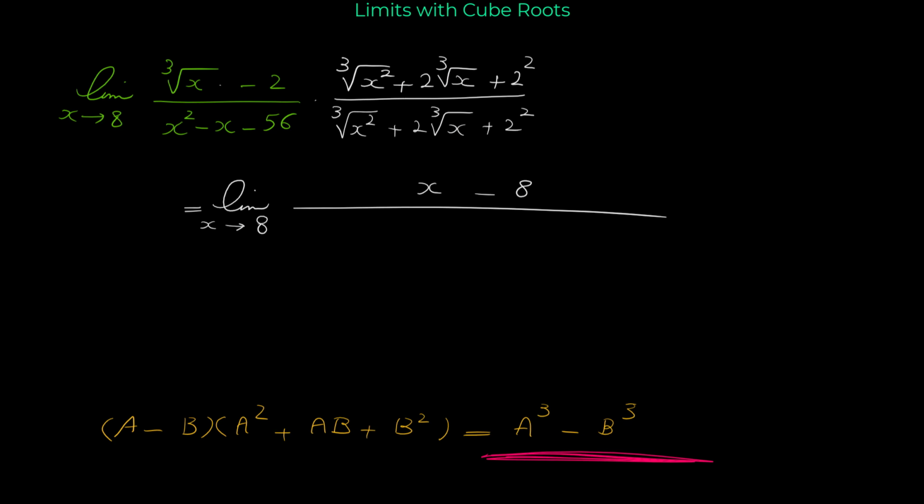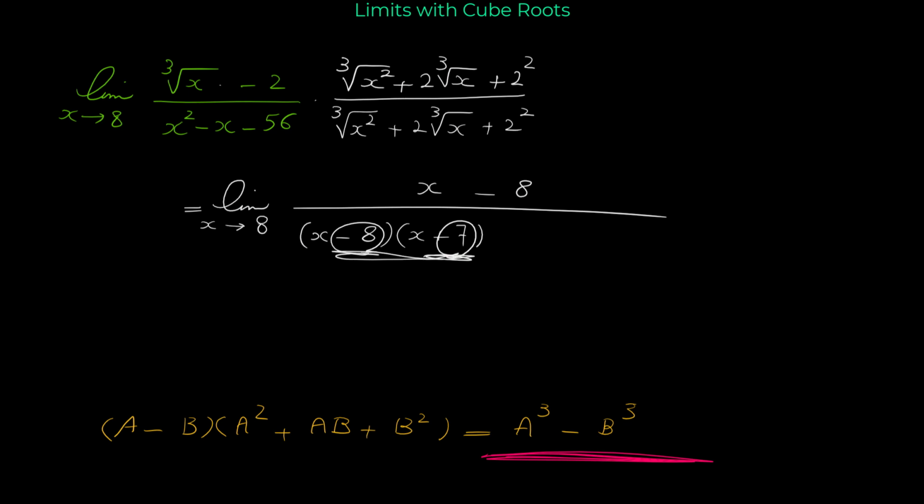And in the denominator we have this quadratic expression, and simply we can factor it like this. x to the 2 minus x minus 56 can be written as x minus 8 times x plus 7. How did we get these numbers?